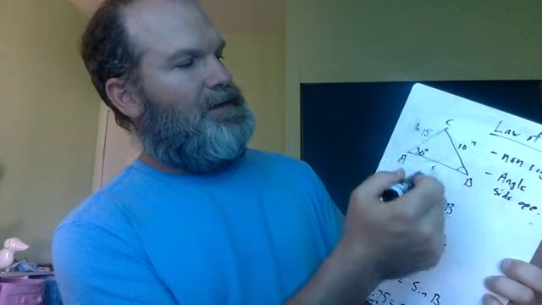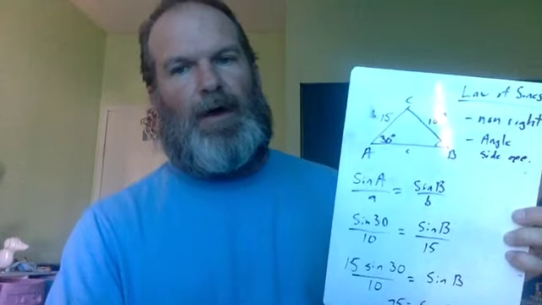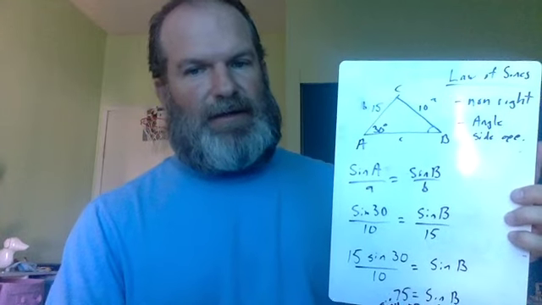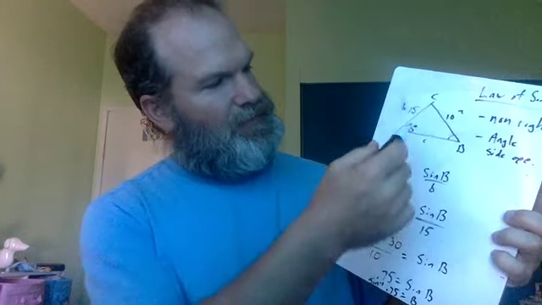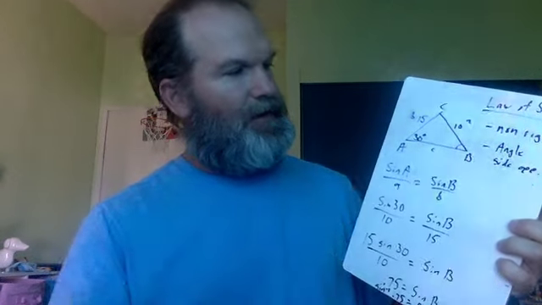Now, once you've solved for b, now you can solve for c. You do this the same, you would just start over and solve for c. Now you may say, well, you told us you need to know 3 out of the 4 parts.